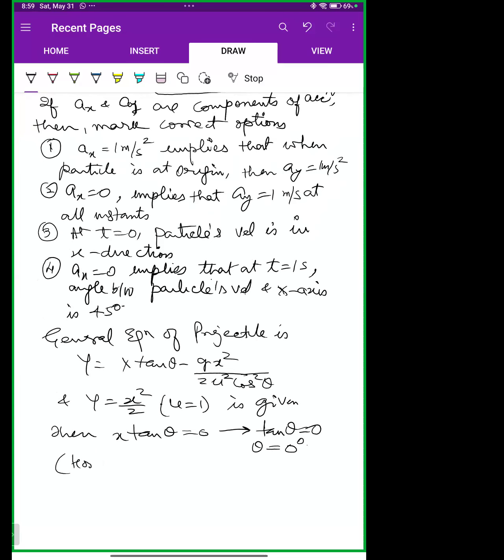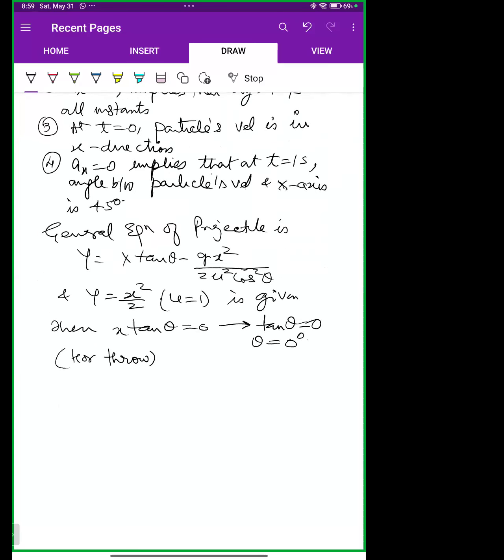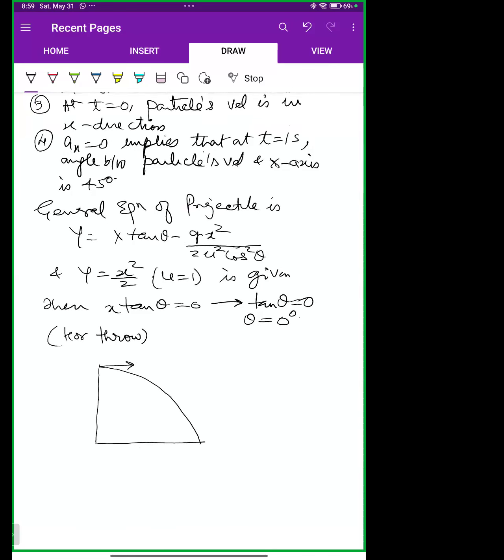Horizontal throw. Don't worry about this minus. So theta is 0 degree.